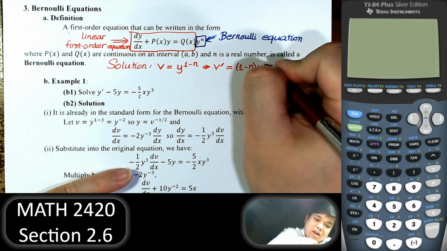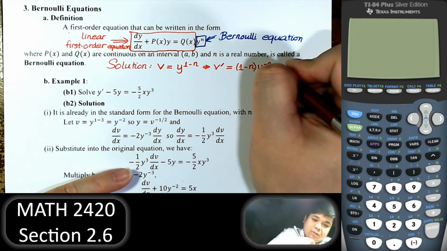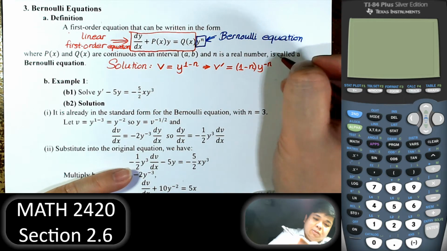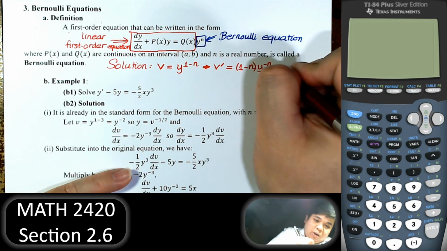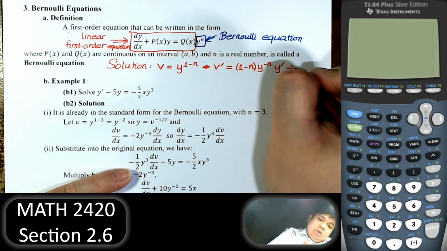So that is y to the minus n. And then dy, or y prime. And then after that we'll solve for y prime.